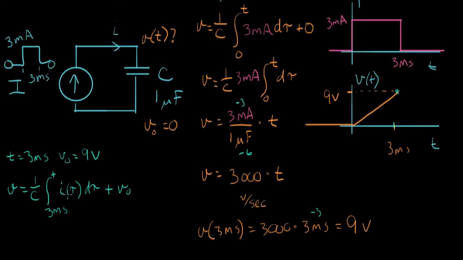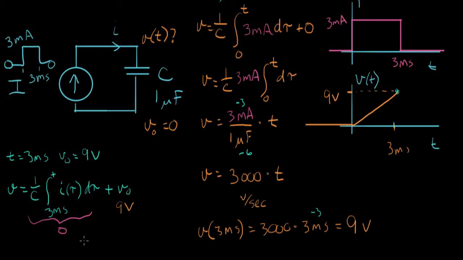To solve this integral, we ask, what's I of tau during this time? Let's look at our chart. The pulse is at 0. Oh, look, this entire term right here is 0. And what is V naught? V naught is 9 volts. That's where we started from.